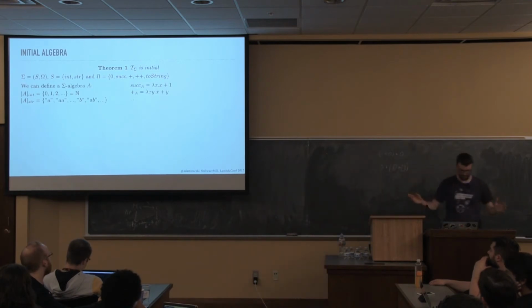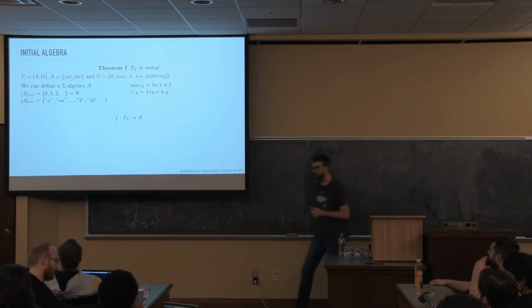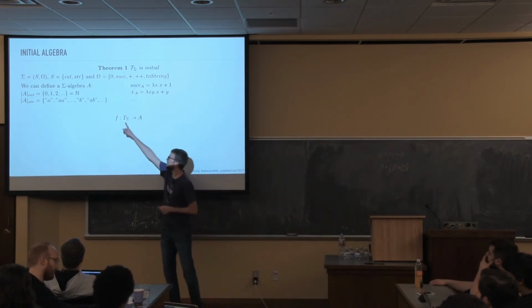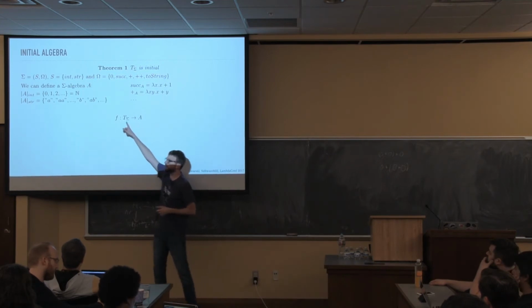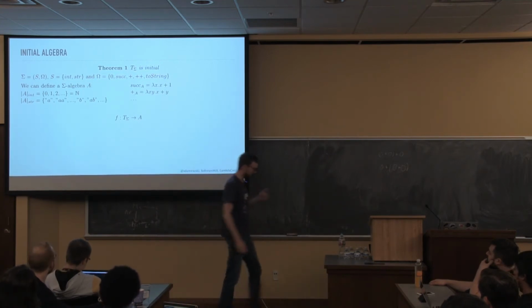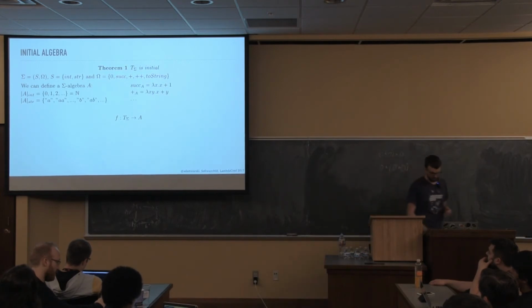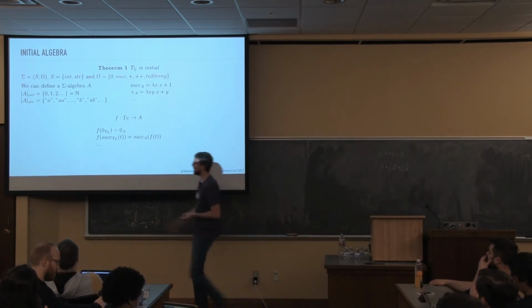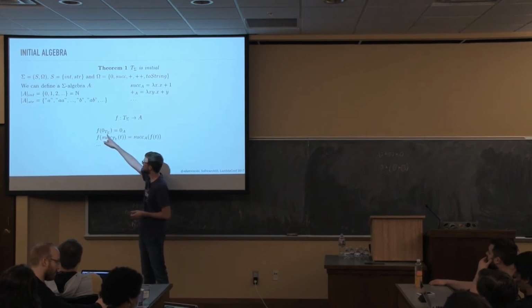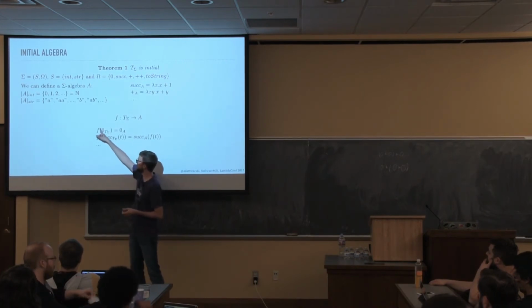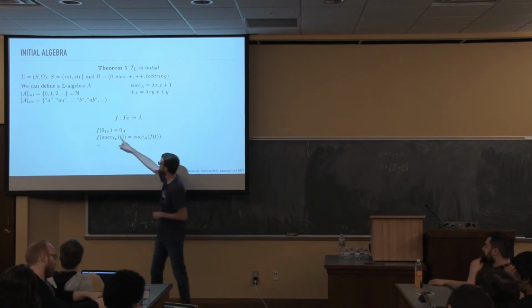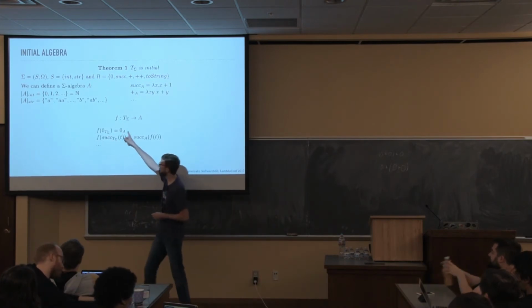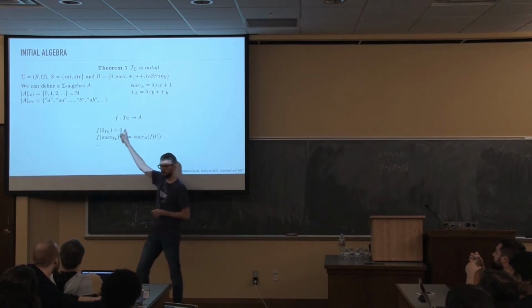Okay. So we have this algebra A, and now we want to see that the term algebra is initial. To do that, we must show that there exists a homomorphism from the term algebra to A, and that there's exactly one such homomorphism. So how do we do that? Well, if we look at what it means to be a homomorphism, we will see that the translation of the term 0, the constant 0, must be 0 in algebra A, because that's exactly what the definition of the homomorphism says.